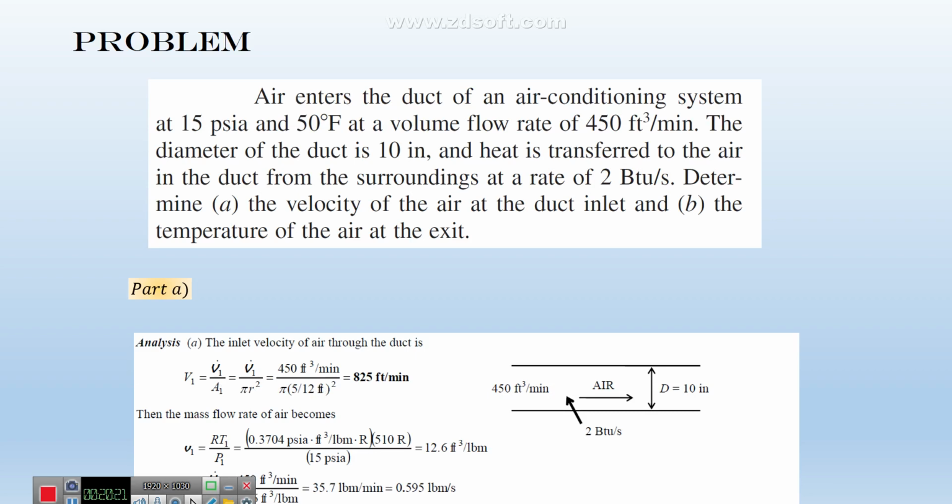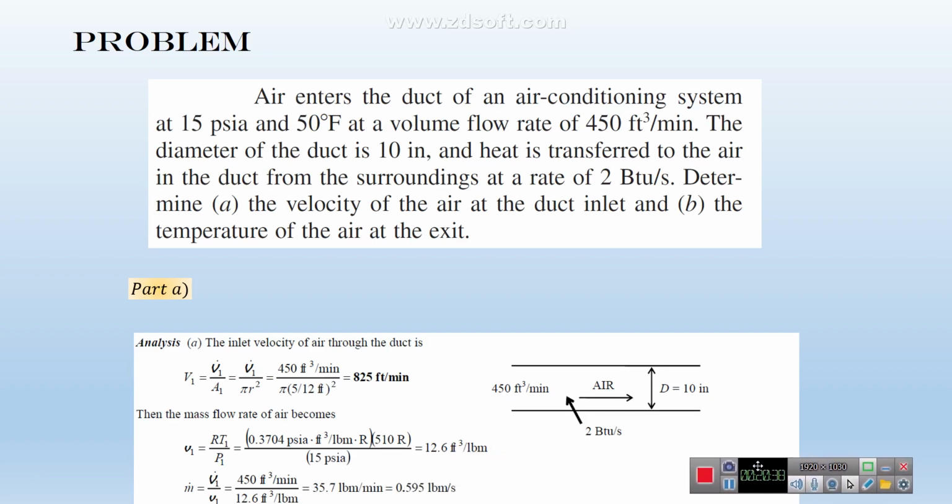Then for the second part, you are asked to find the temperature at the exit. To find the temperature, folks, you need to set the energy balance equation. Before that, it's a good idea to calculate the m dot. You have the volumetric flow rate.